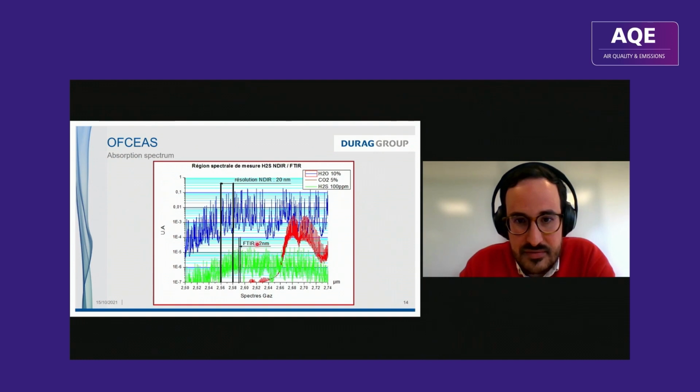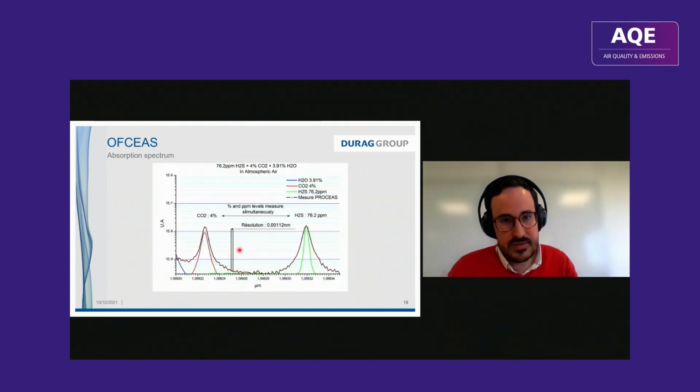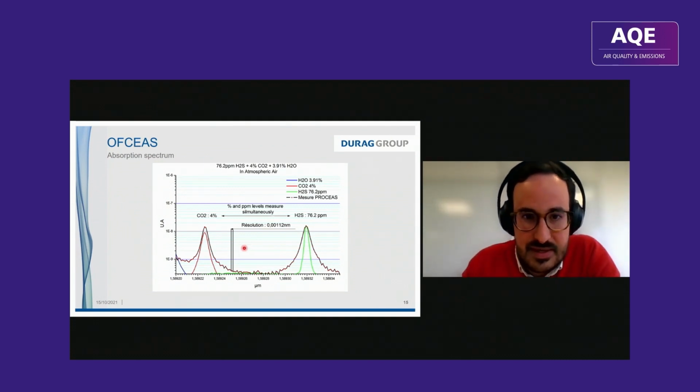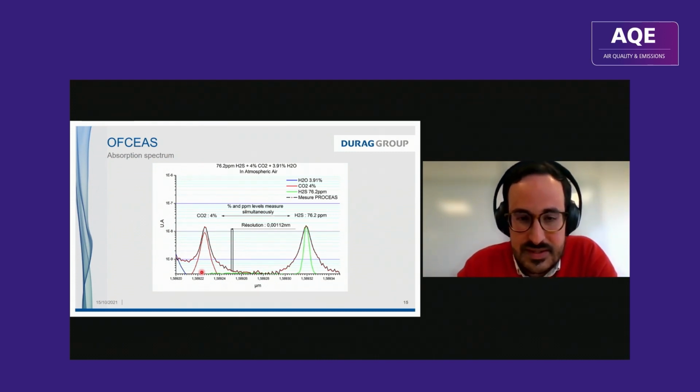With FTIR, you have a resolution of 2 nanometers. So for the H2S the resolution is better, but still you have some water at the same place. And with OFCEAS, you are like a microscope. You do a zoom, and you go into a region where you see separate peaks from each other: your H2S peak here, CO2 peak here, and water peak here. The goal is to have a very high resolution to obtain separate peaks, and also to avoid cross interference with greenhouse gas present in your matrix.